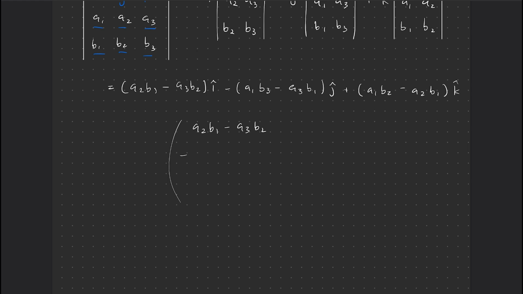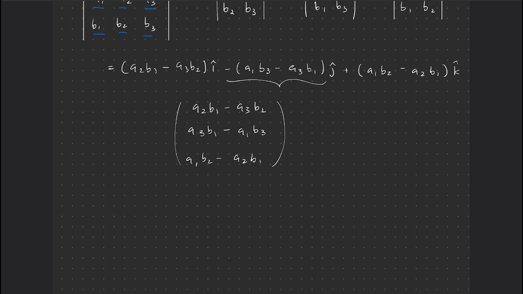In our basis vectors I use the minus, but in column vectors you can just switch the sign, so the minus comes out to be plus: a3b1 minus a1b3, and finally a1b2 minus a2b1. So this is our cross product, or the vector product for two vectors.